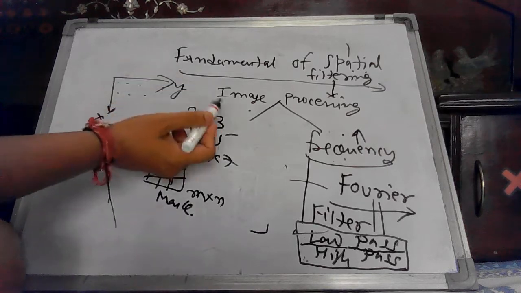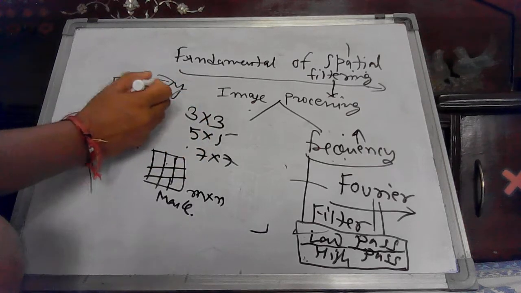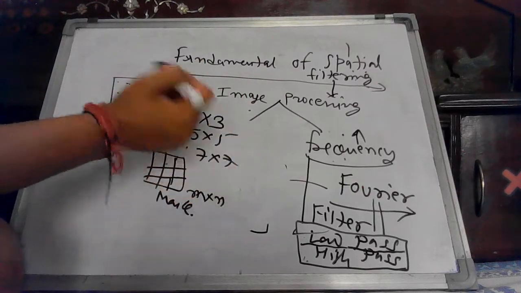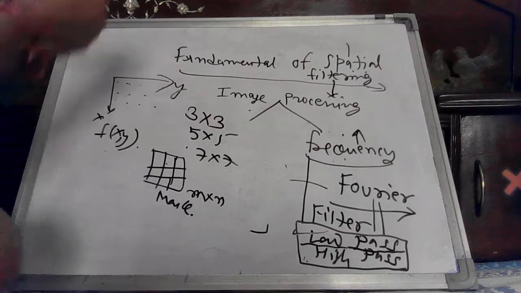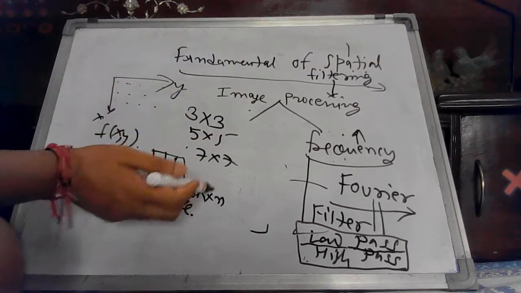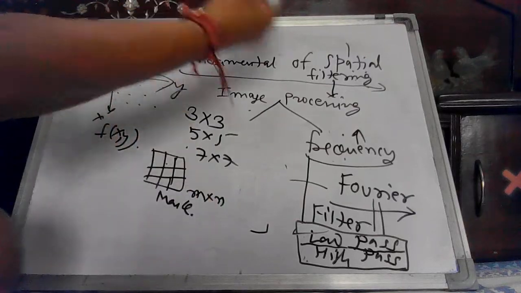Accordingly we change the value of each and every pixel of the image plane. This is known as filtering in the spatial domain, or spatial filtering. There are different kinds of masks that are known as spatial masks.